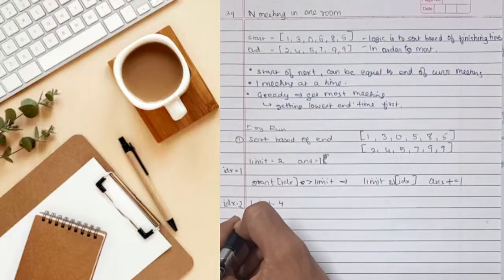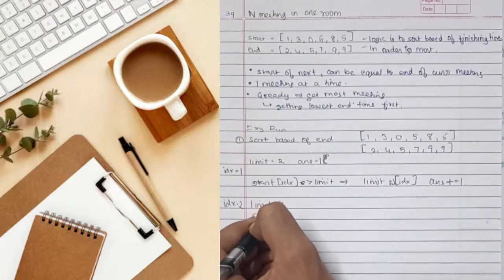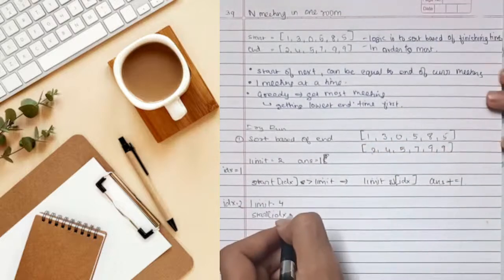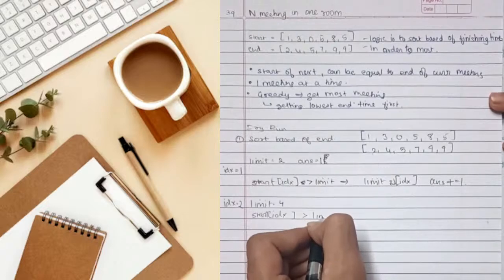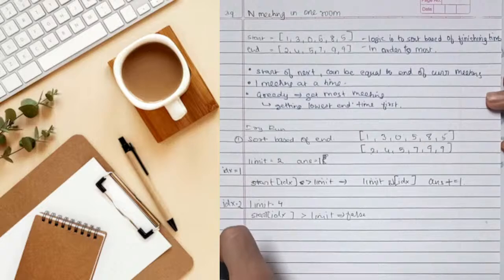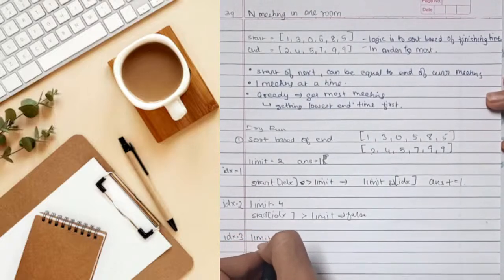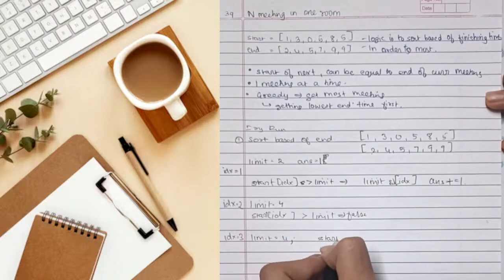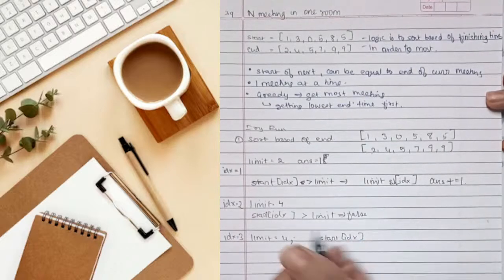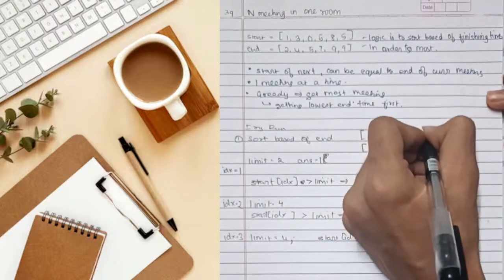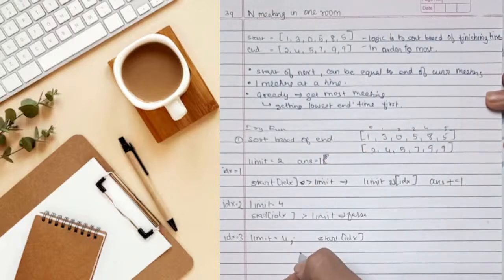Since start of index 2 is 0, which is not greater than limit, false, we will continue. Index equals 3. Limit equals 4 as it is. Start of index, which is 3, is greater than 4.